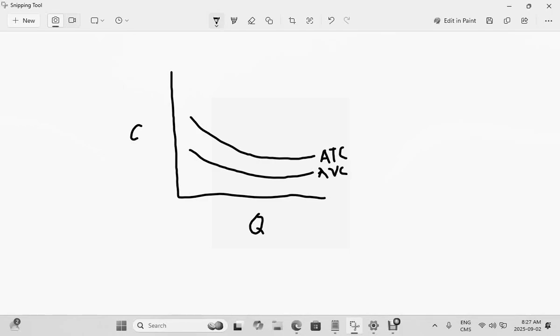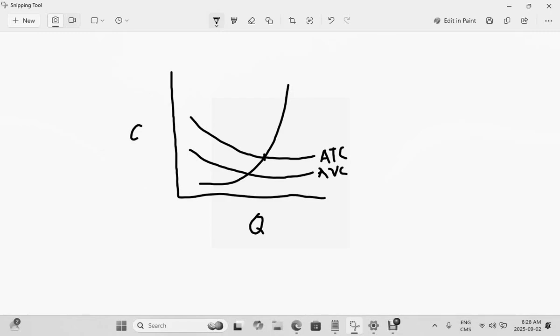And let's assume that your marginal cost, unlike the cost curve in the last video, looks something like a supply curve, and it intersects the average variable cost and the average total cost at this point over here.